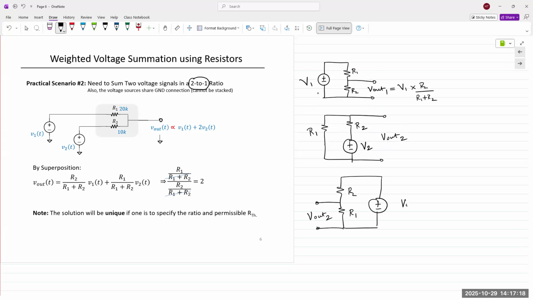So V out 2 in this case is going to be V2 times R1 over R1 plus R2. And superposition, of course, dictates that V out is the sum of the two voltages. So actual V out is V out 1 plus V out 2.